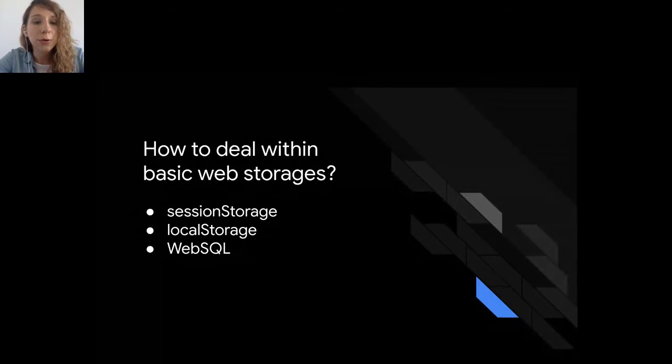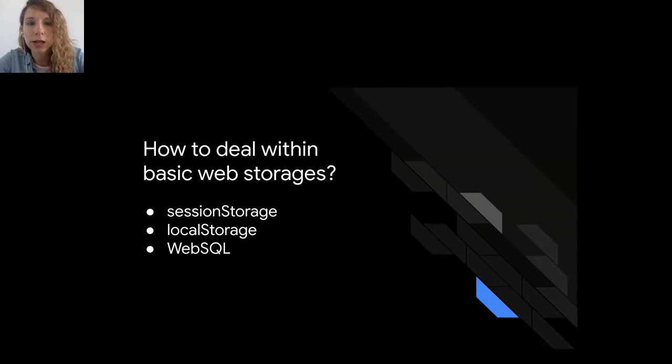And local storage allows you to store data even if you close and reopen your browser. And these storages are quite common, but also have some downsides. For example, you need to serialize and deserialize data because you can only store strings. They're synchronous, which means that they can block your app. They don't support web workers.